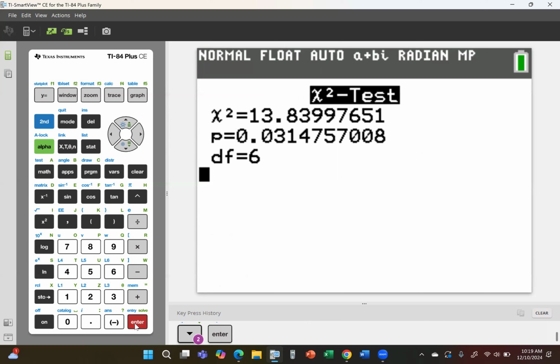Okay, so how many decimal places? To 3 decimal places, the chi-squared test statistic is 13.840, and the p-value is 0.0315 to 4 decimal places.